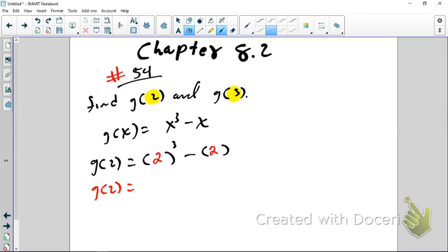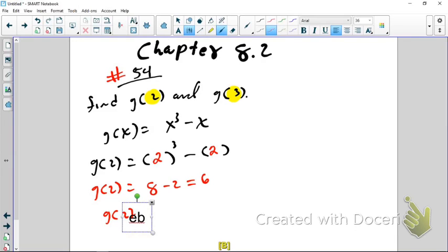That's 2 times 2 times 2, which gives us 8. 8 minus 2 will give us 6. So when I input 2, I get an output of 6.